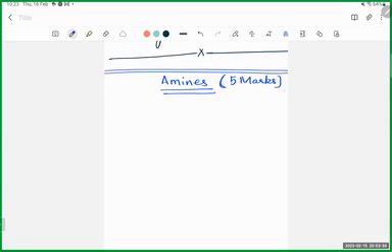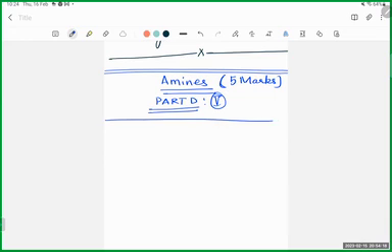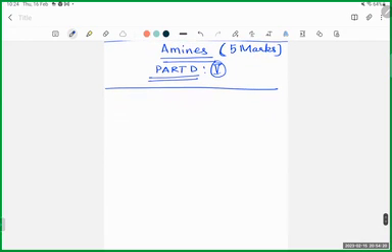And this chapter's question is not a 1 mark question or like that. You will have a direct 5 marks question in part D. In that part D, you will have the question number as Roman numeral 5, and the marks will be given there. So 5 marks total will come over here in part D.